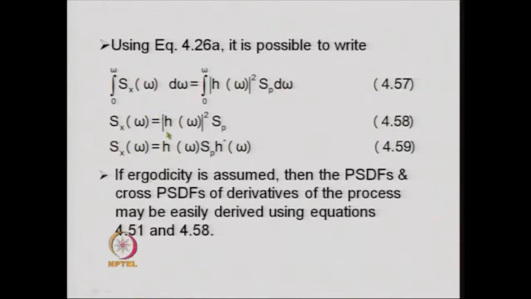So, if we assume ergodicity, then one can derive the relationship between the power spectral density function of a process with the power spectral density function of the derivatives, which we have done before through the differentiation of the autocorrelation function.